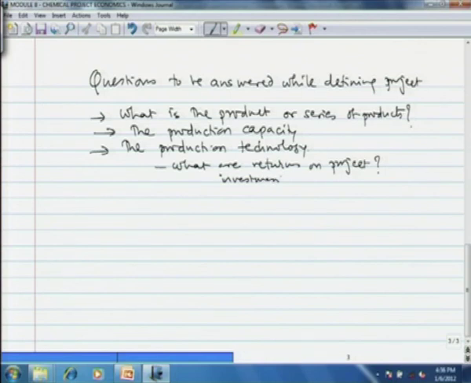Investment should be attractive in comparison with alternate investments.